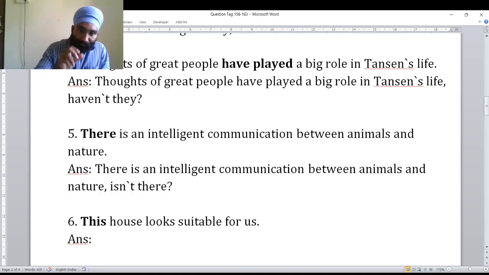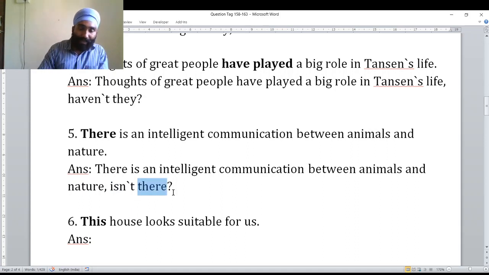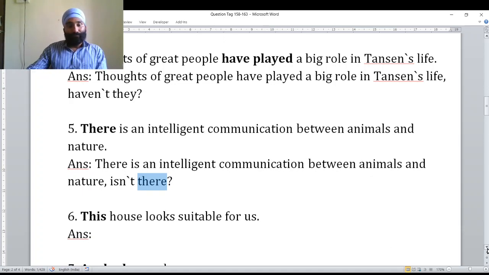You have to add the helping verb as it is, isn't, and if the statement is positive, it will become isn't or aren't. Thereafter you have to use there as it is. At last, question mark.